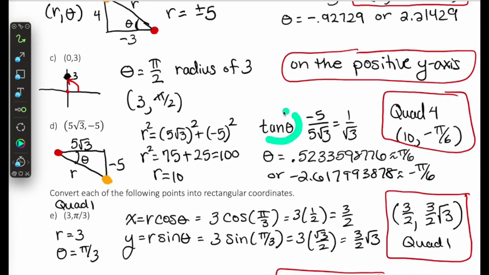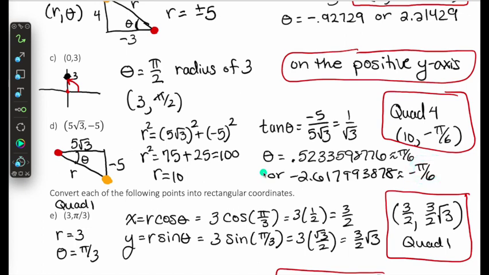Now, when I find the angle, I'm going to use inverse tangent. I'm going to say tangent is opposite over adjacent, so negative 5 over 5 square roots of 3. And you can simplify that as negative 1 over the square root of 3. And then when I use inverse tangent, I find that I get a decimal representation for pi over 6 or negative pi over 6.